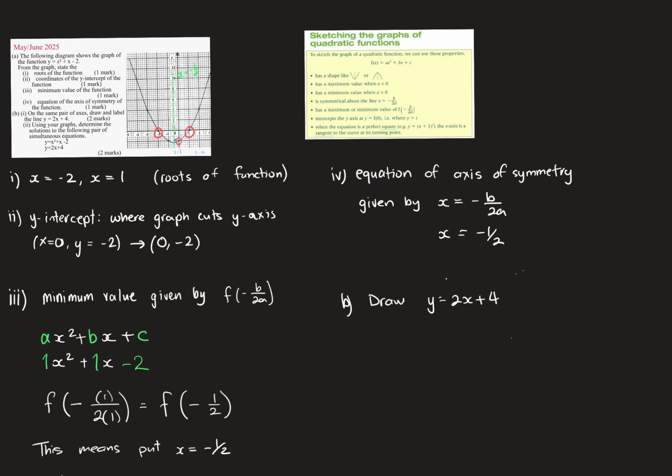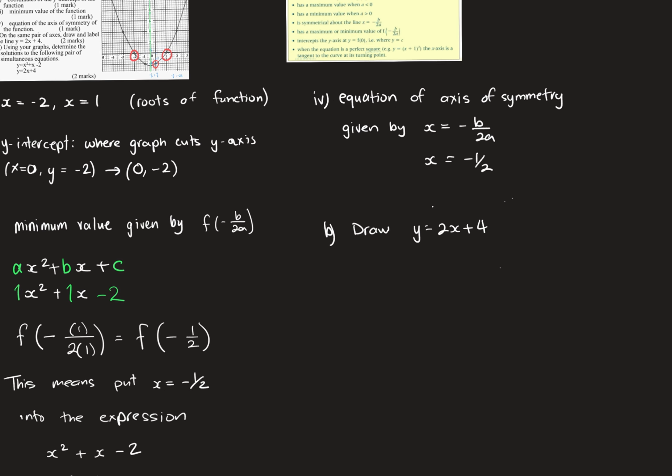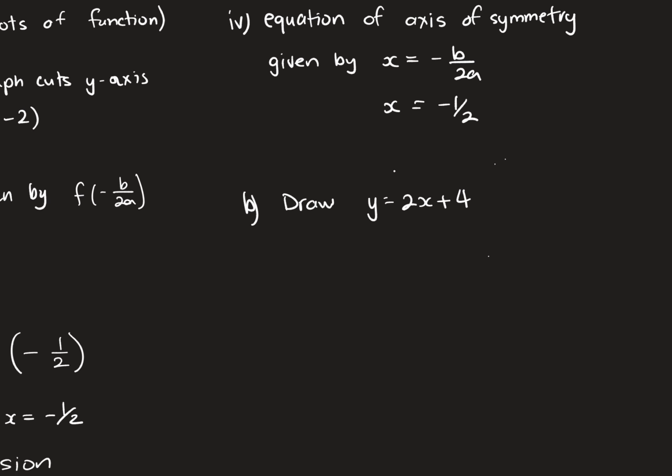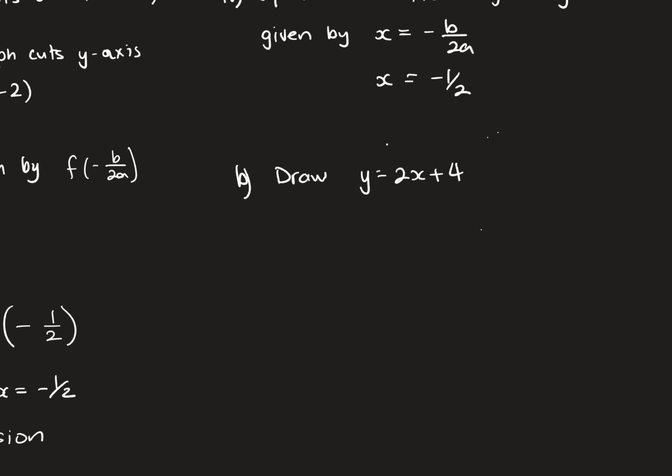Then they require us to draw and label the line y equals 2x plus 4. To find those points on the graph, we can do the simple exercise of setting each variable to 0 and finding the resulting answer.